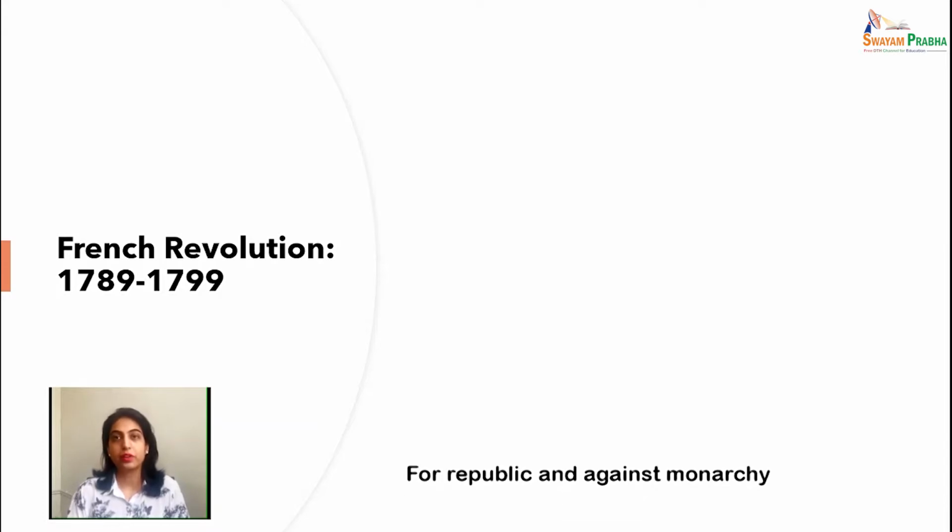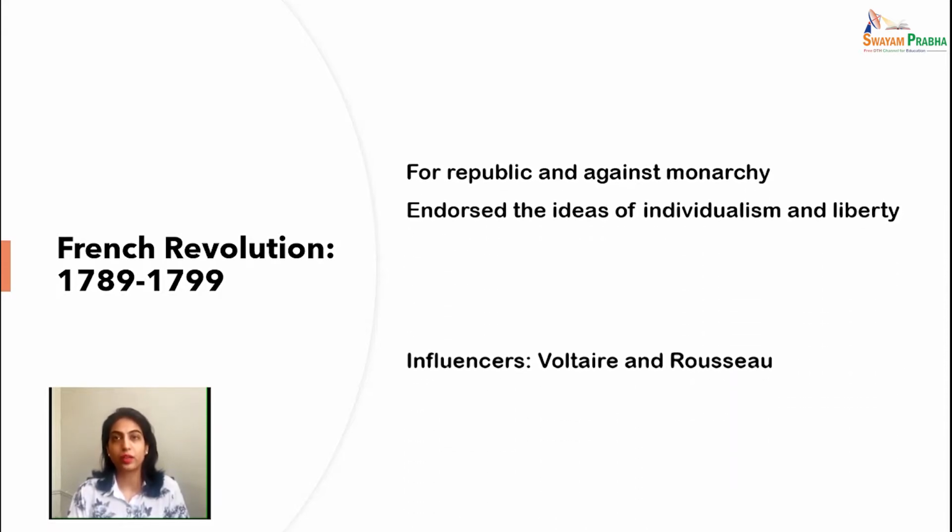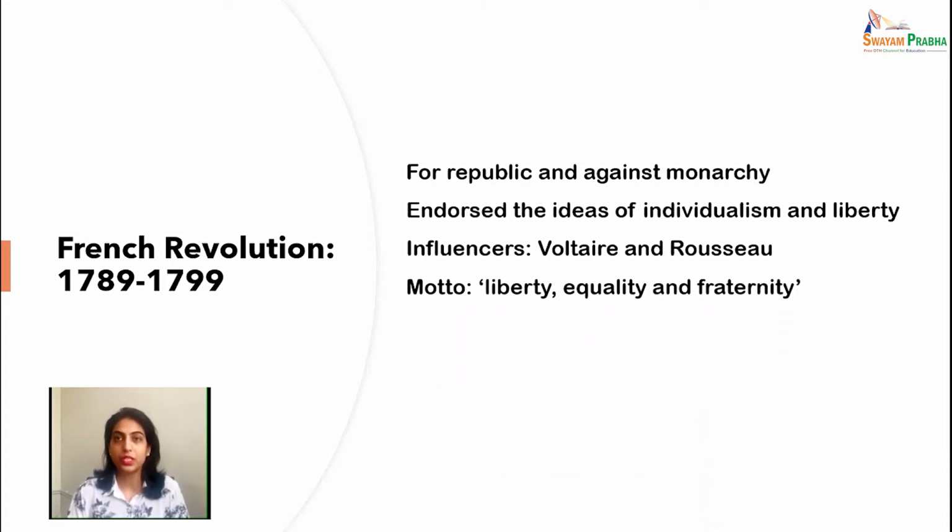It was a revolution for republic and was against monarchy. Politically, the revolution brought an end to the monarchical system and transferred the power to the citizens of France by making it a republic. After the revolution, the French were empowered with the right to vote.